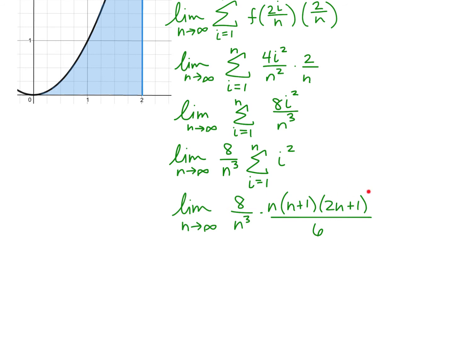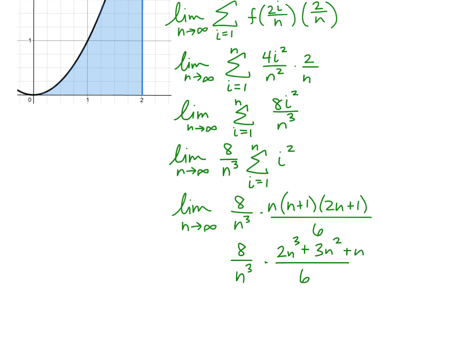Let's simplify this as much as we can. So multiplying this out by doing some foiling and then multiplying the n through will give us, of course, still 8 over n cubed out front. We haven't messed with that yet, nor have we messed with the 6 down here. But we'll end up getting 2n cubed plus 3n squared plus n.